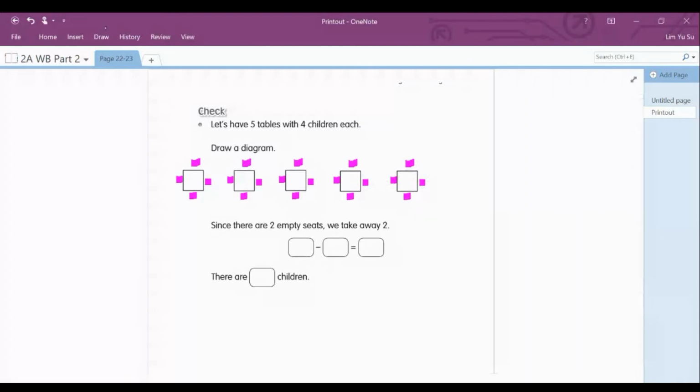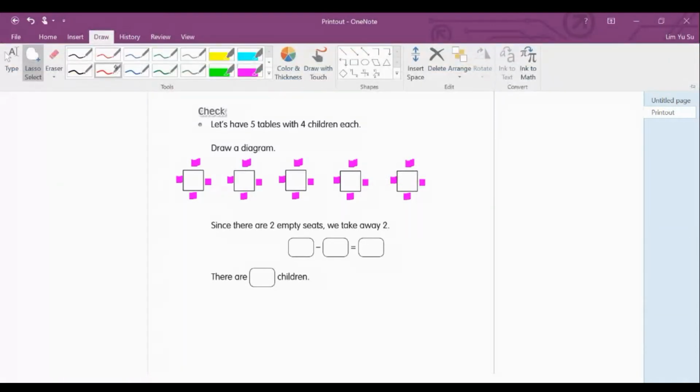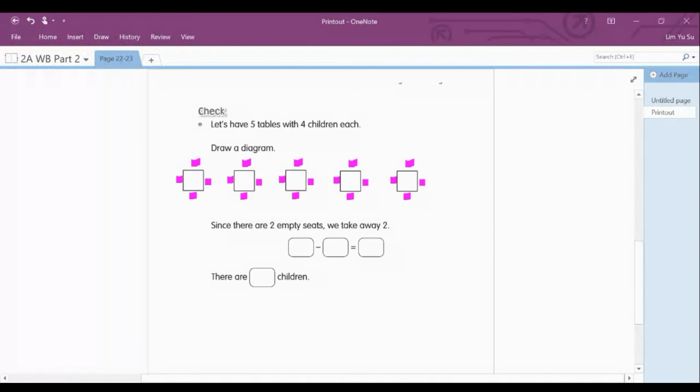But it's already said that there are 2 empty seats. So I must take away 2. So I cancel 2. Originally you have 5 times 4 gives you 20. But now you have 20, take away the 2 empty seats, and you actually have 18.